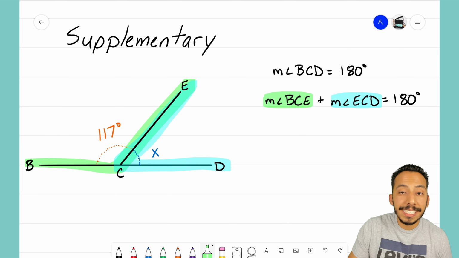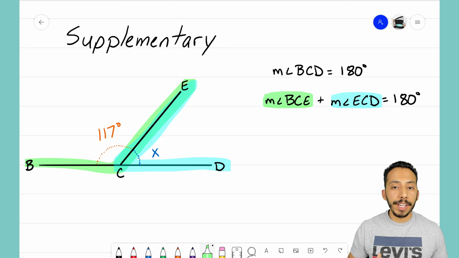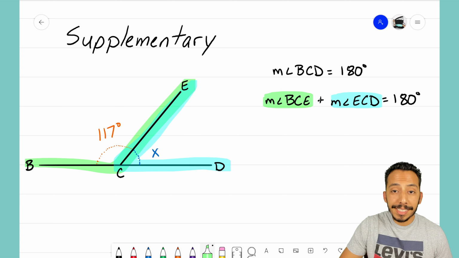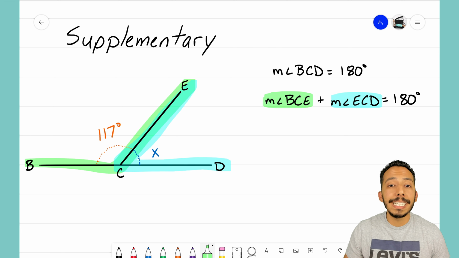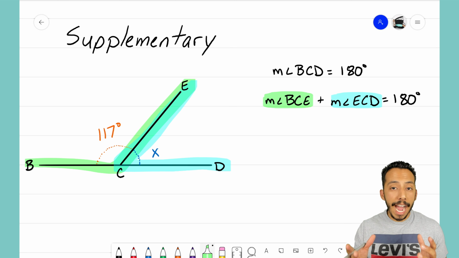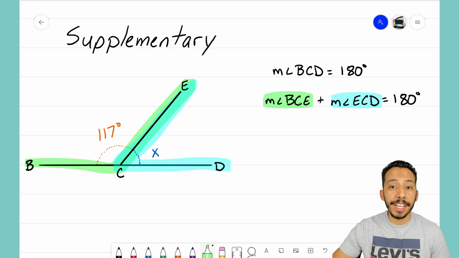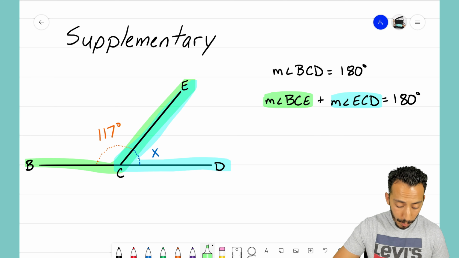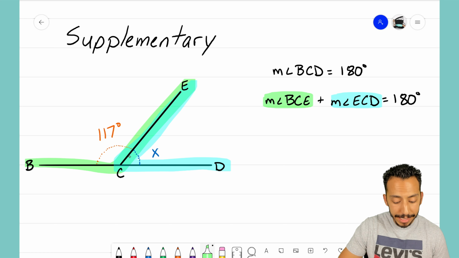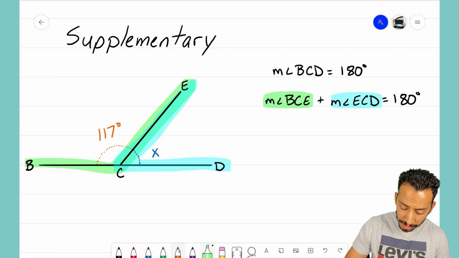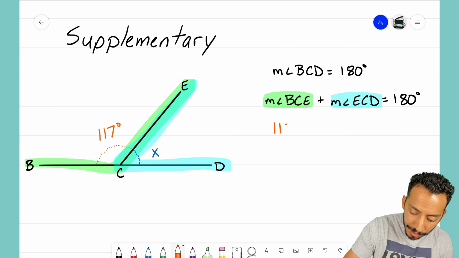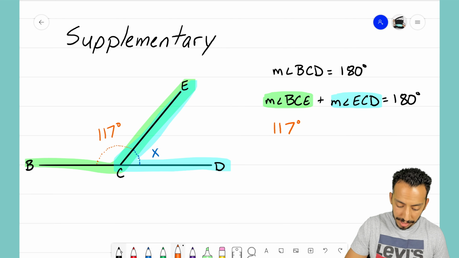So we have this equation here: the measure of angle BCE plus the measure of angle ECD equals 180. How are we going to use this to help us solve? Well, we know what the measure of angle BCE is. We see it right here, in orange. They tell us that it's 117 degrees. I'm going to go ahead and write that down: 117 degrees.